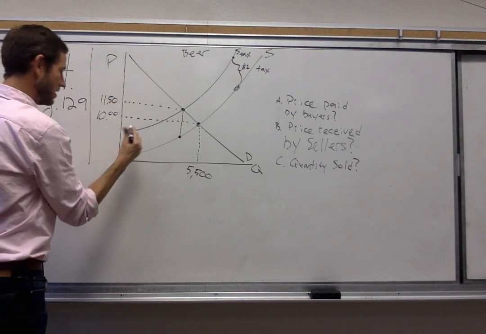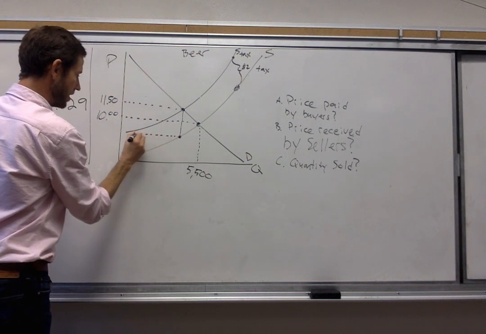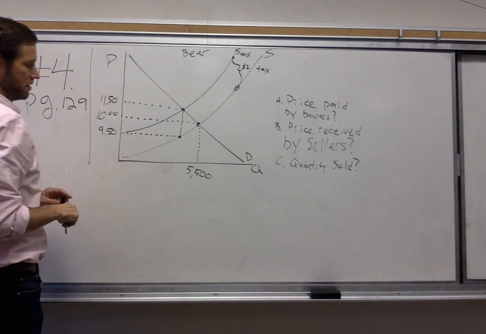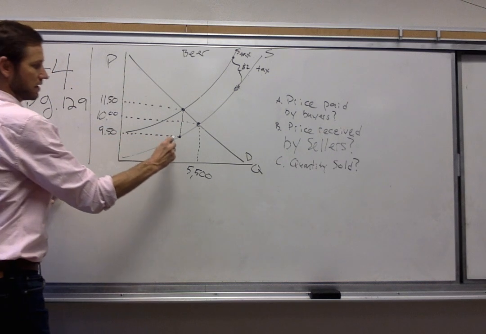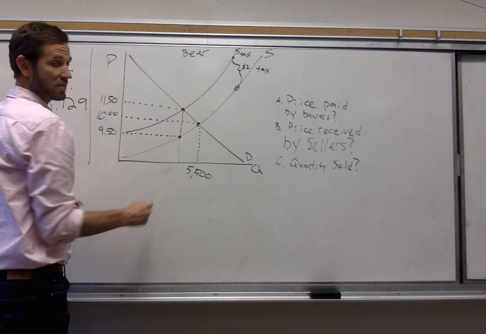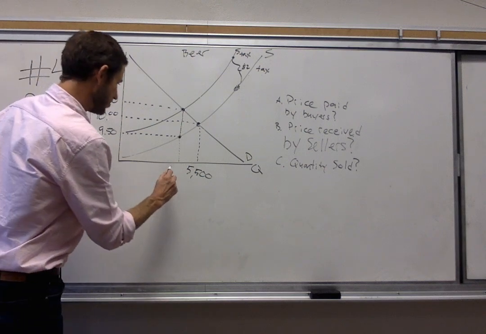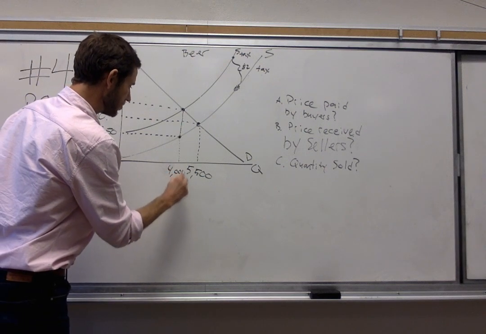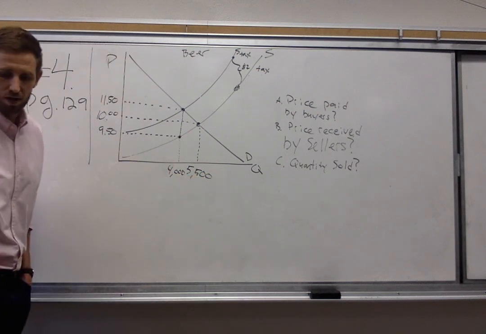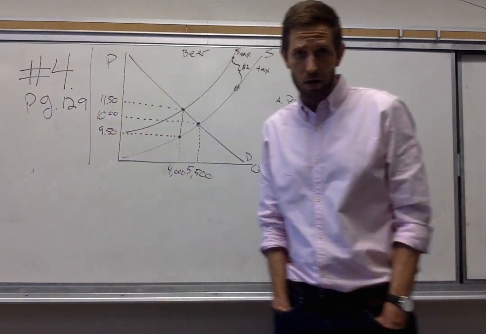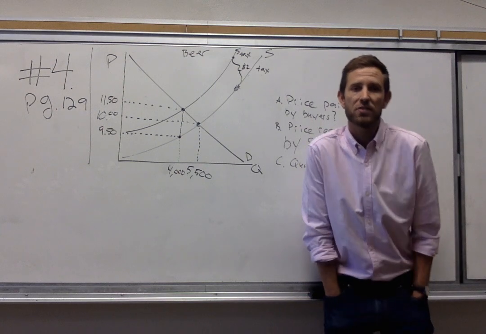So this is $11.50. This price over here must correspond with the price of $9.50. Finally, we want to recognize that this higher price of beer induces people to buy less of it. Of course, that's the law of demand, so maybe it's 4,000. Who knows? Some quantity lower than what we started with. Okay. Now our graph is all set. We can answer the questions that are being put to us.